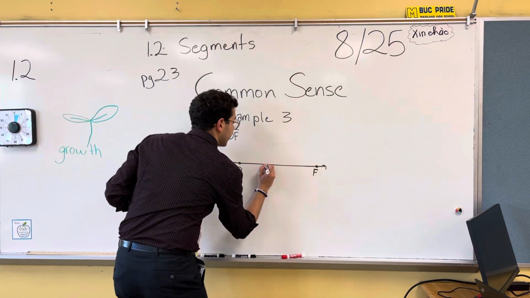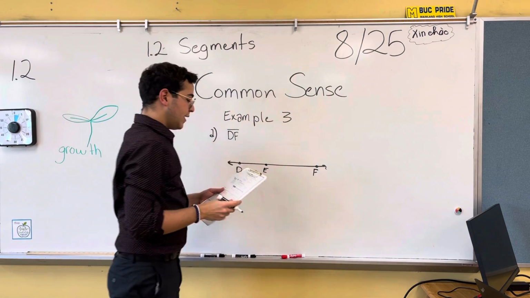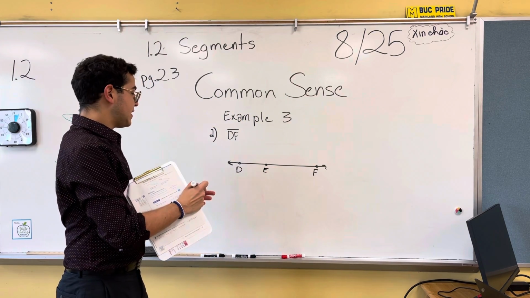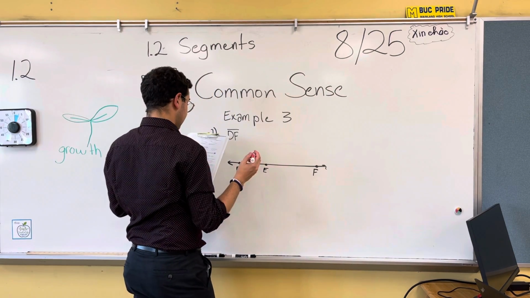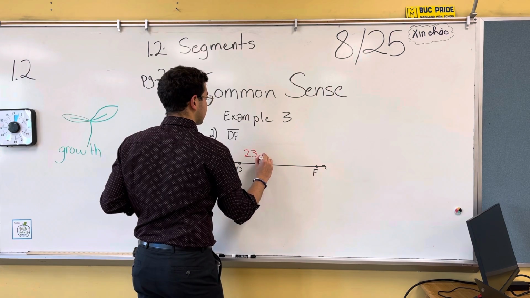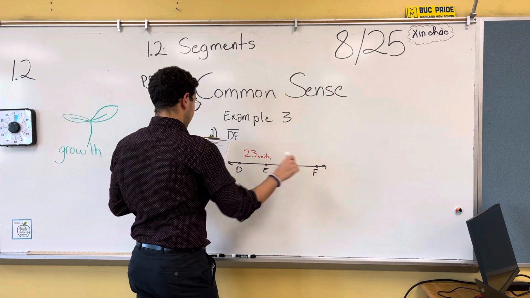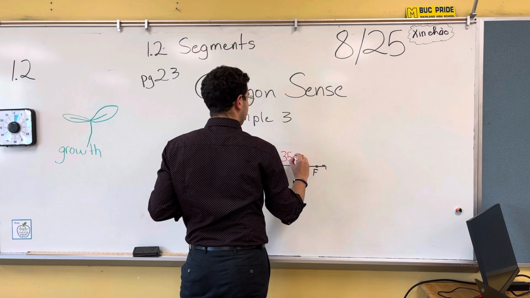Instead, we're going to use the information provided. Here it says that from D to E is a total distance of 23 units, and from E to F is a total distance of 35 units.